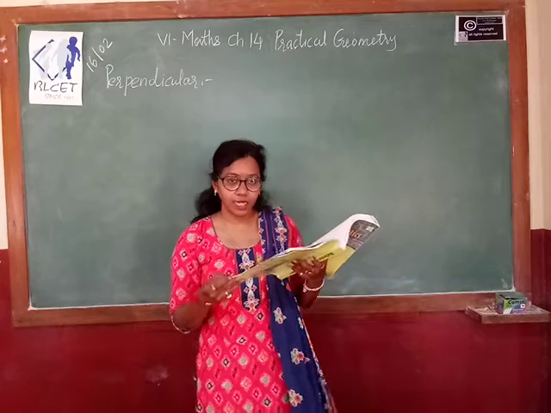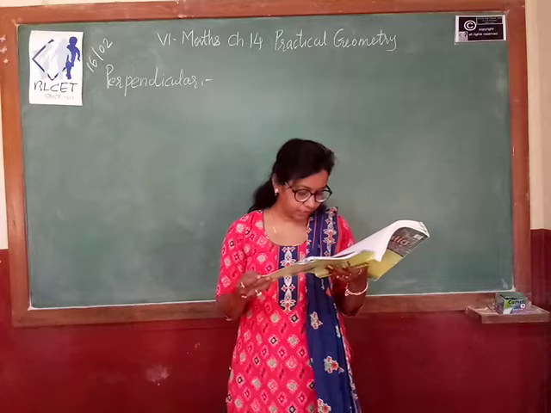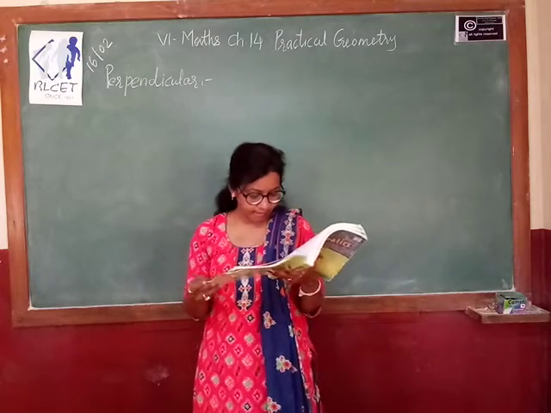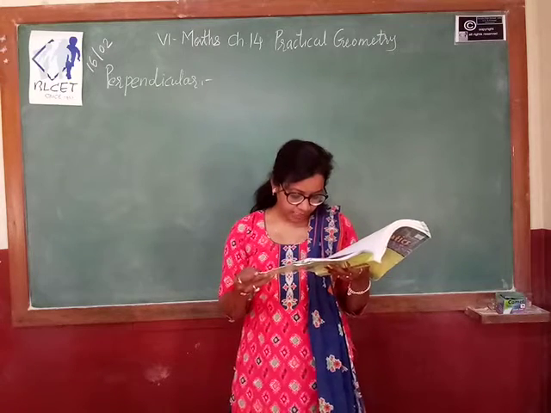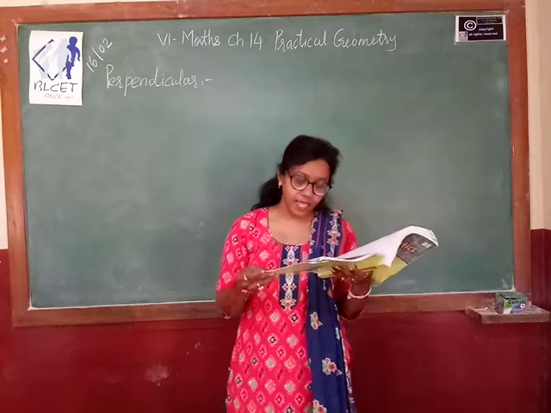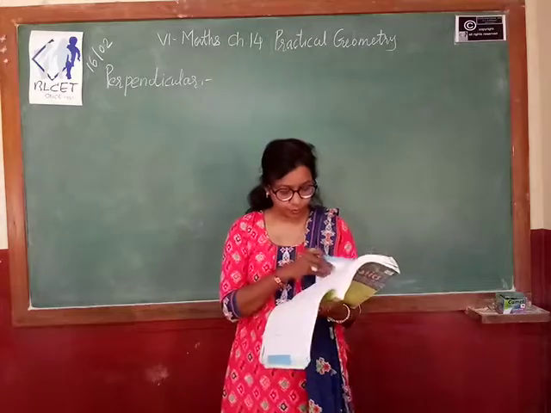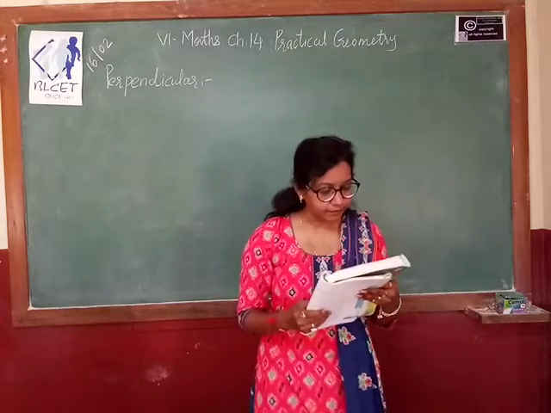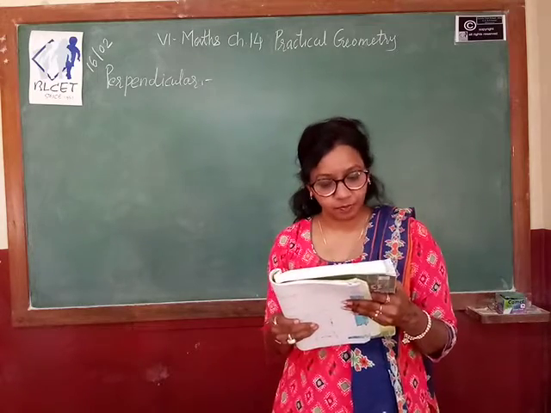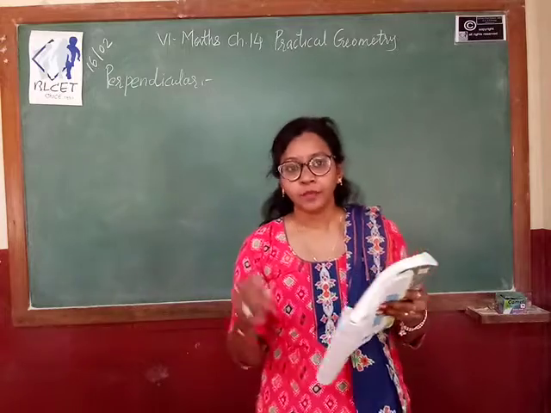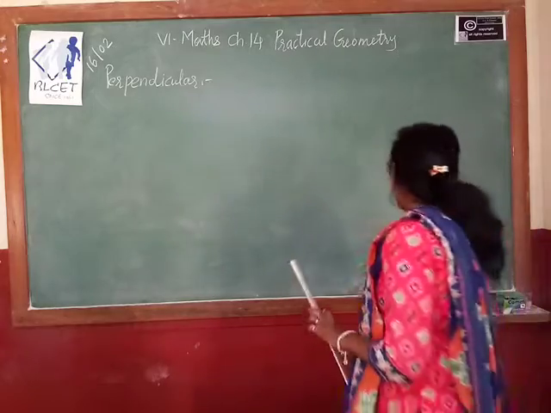Given a point P on a line L, with P as center and a convenient radius, construct an arc intersecting the line L at two points A and B. Third step, with A and B as centers and a radius greater than AP, construct two arcs which cut each other at Q. Then join the points P and Q, so that we get the line segment PQ which is perpendicular to L. Now let's follow all the steps and see how to draw the construction.